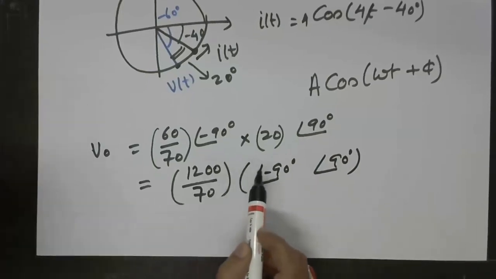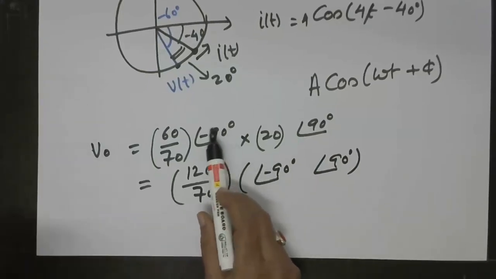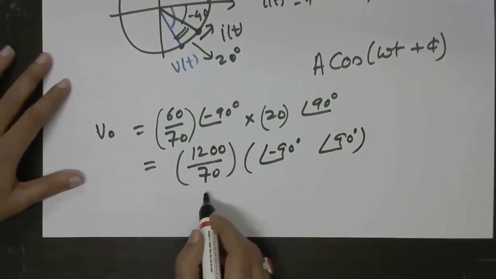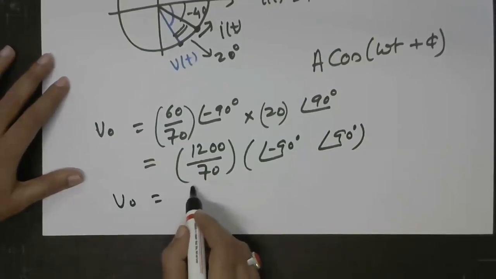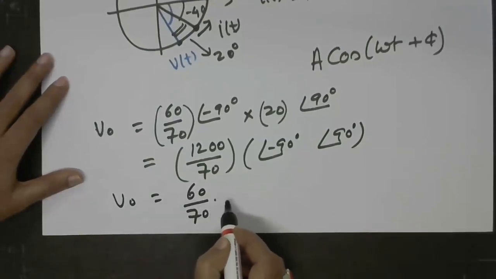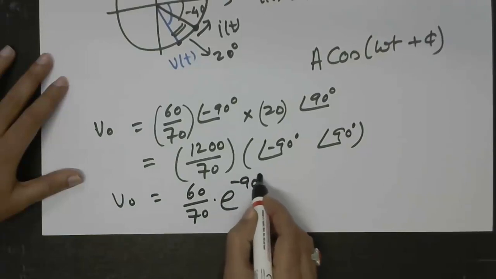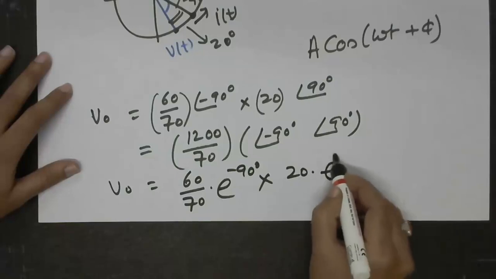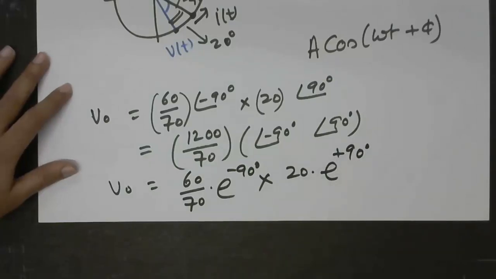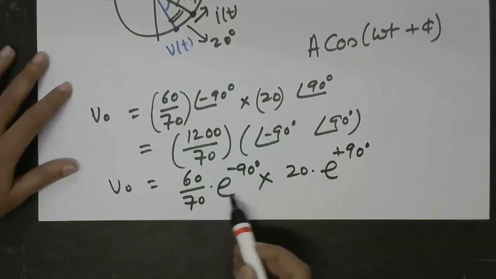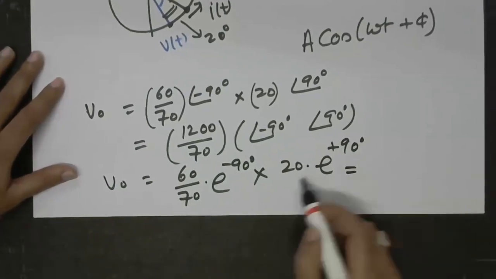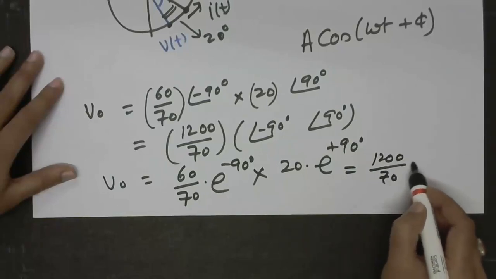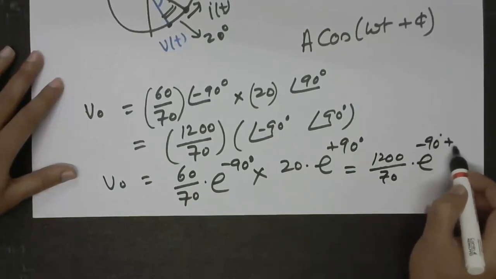So basically what this 90 degree means is that you actually have this scenario. That means VO is equal to 60 by 70 into e raised to the power minus 90 degrees, and then you have 20 into e raised to the power plus 90 degrees. Now we can see that everything is going to get multiplied, so you will have 1200 by 70 e raised to the power minus 90 plus 90.